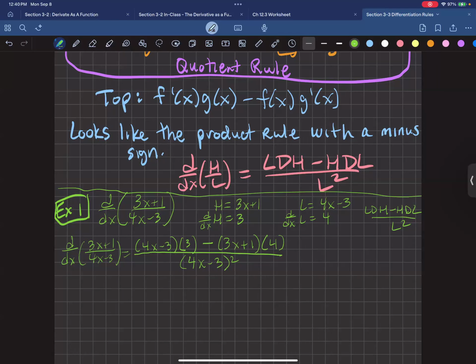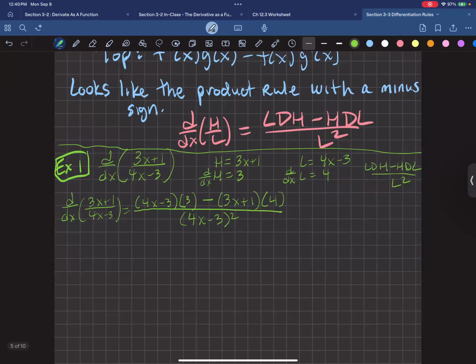Now you should multiply this out and see if it cleans up. I get 12x minus 9 minus 12x plus 4 all over 4x minus 3 squared. It actually does clean up some. Look at that.